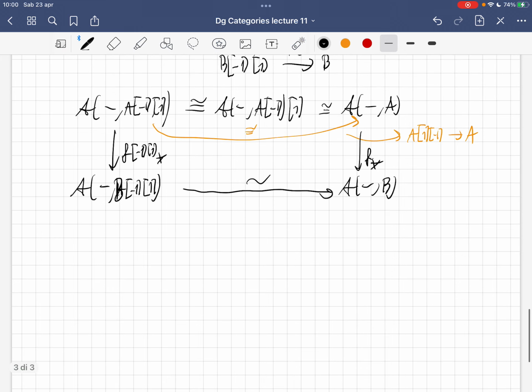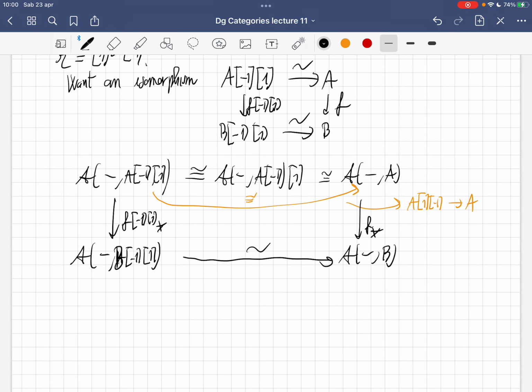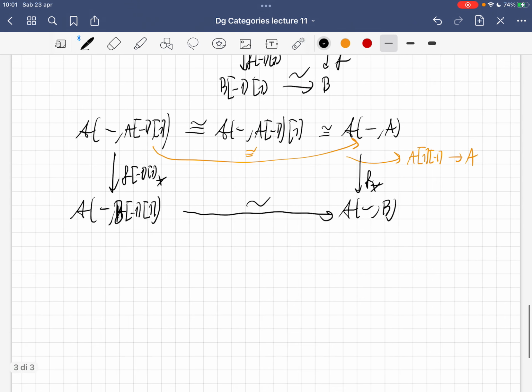So in the end, you have this commutativity, and this commutativity will imply this commutativity. So you're there, you're done. Similar arguments produce the other isomorphism, which is, if you want, this.